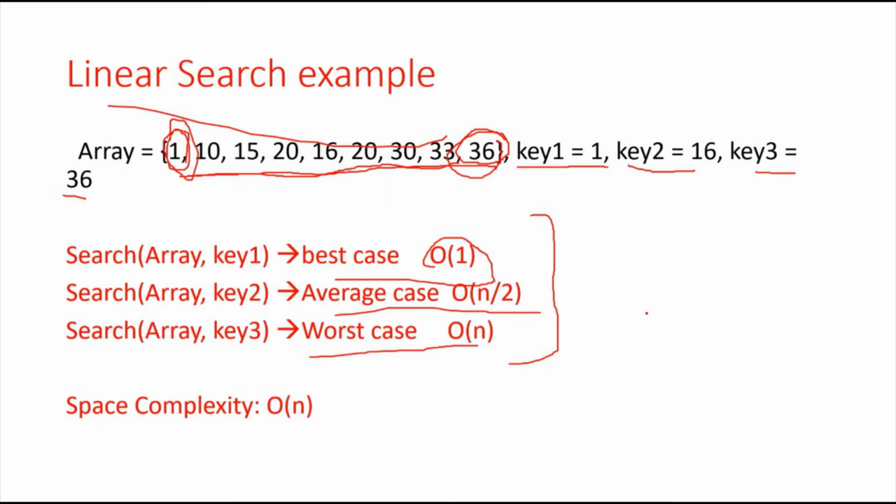And what is the space complexity? Space complexity is big O of n, means we are storing n elements in the array. We are using a space of n elements. Okay, that's why we have a space complexity of big O of n. I'm not going deeper into the analysis.